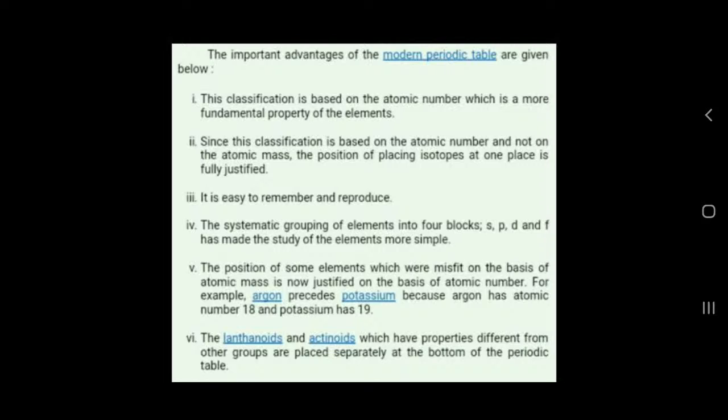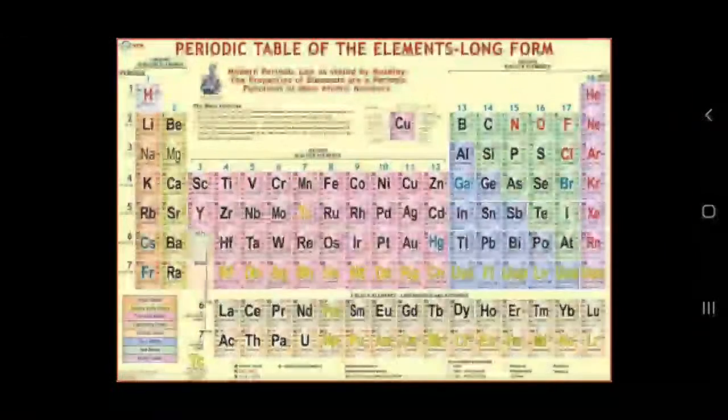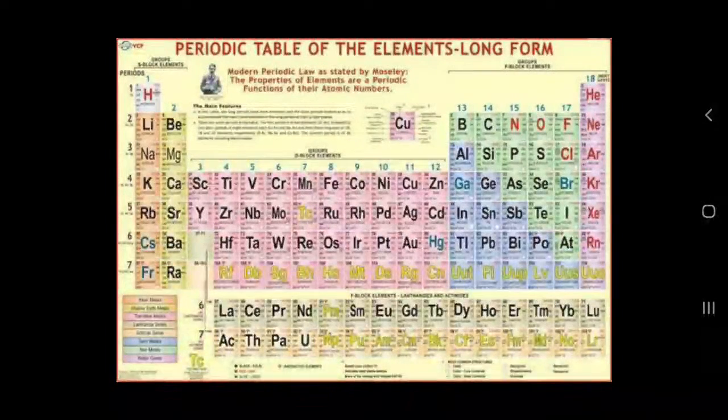So, you all know the concept of SPDF. Look at the first 2 groups, group 1 and group 2. Group 1 is hydrogen. Group 2 is beryllium. These 2 groups are called the S block.